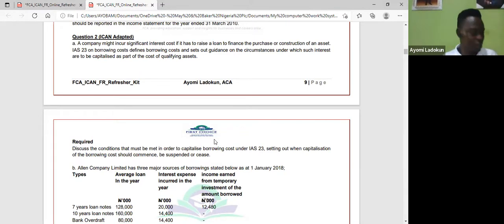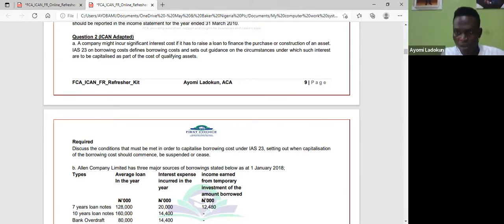Let me read from here. A company might incur interest cost if it has to raise a loan to finance the purchase or the construction of an asset. IAS 23 on borrowing costs defines borrowing costs and sets out guidance on the circumstances under which such interest is to be capitalized as part of the cost of qualifying assets.